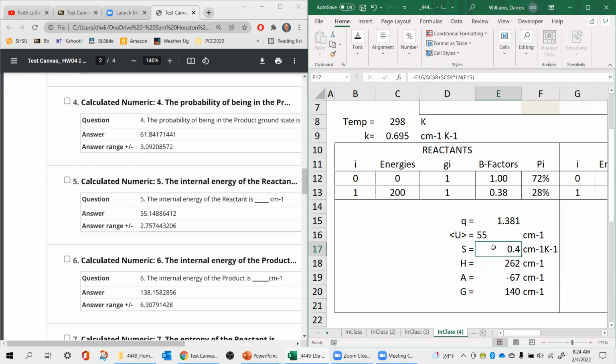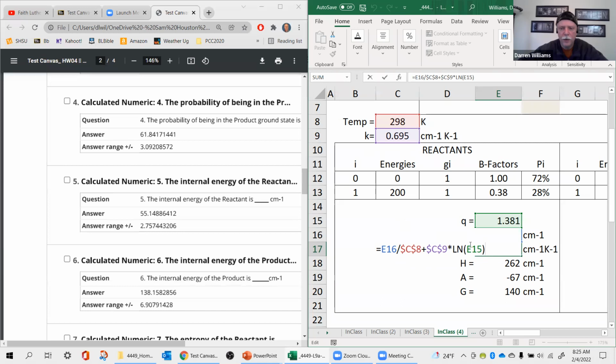I figured I have to multiply something by Avogadro's number, but to find S and then H, I have to use R. You want the answers in centimeters times Kelvin in the denominator, and no matter what I try, I can't eliminate the joules in R, and I can't eliminate the extra moles if I multiply by Avogadro's number, and I can't eliminate the extra Kelvin.